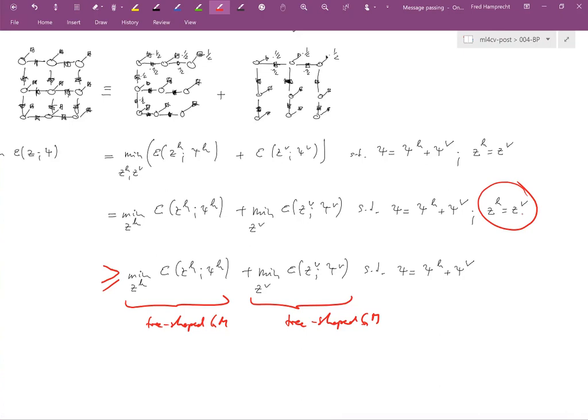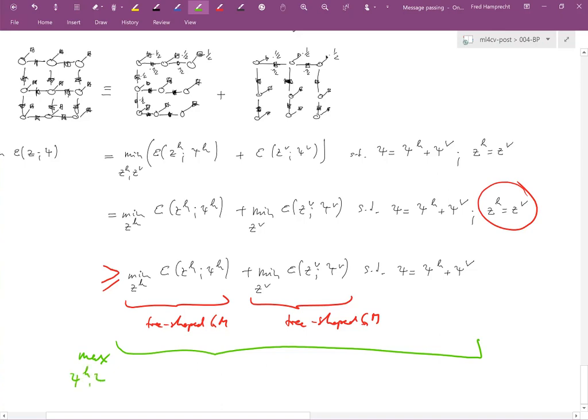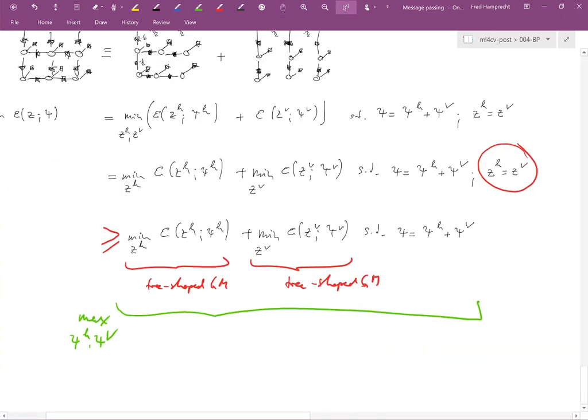And this is why I am now maximizing this entire thing. So maximize all of this over my decomposition, over psi h and psi v. Yeah, because I am free in how I distribute my potentials between the submodels as long as they always add up to the global model. And this will make my lower bound as tight as possible.